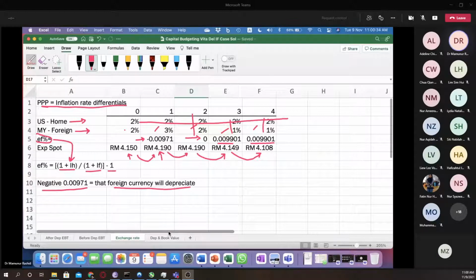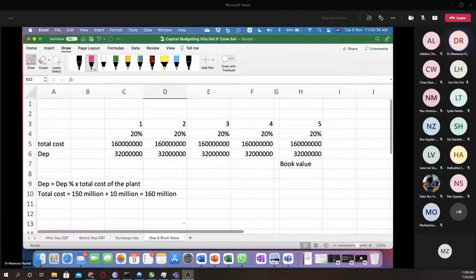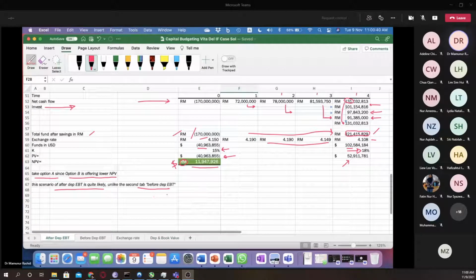You will also have to show the depreciation and book value information, and maybe you will also have to show the cost of capital calculation. If you need to calculate cost of capital, you need to show the calculation for it. I will try to find an example where we need to show the cost of capital calculation, okay? So that we have an exercise on that too.